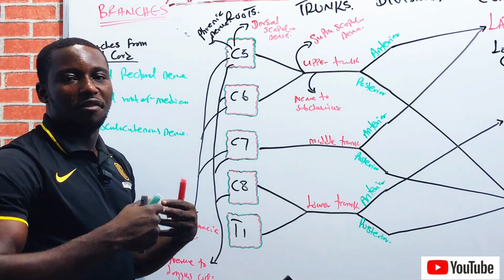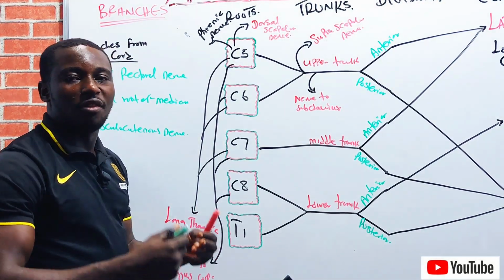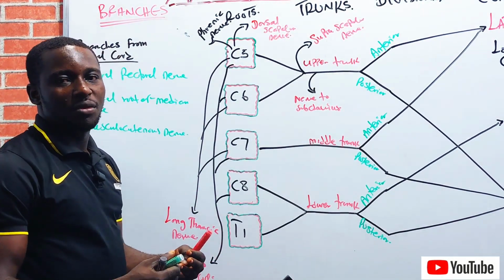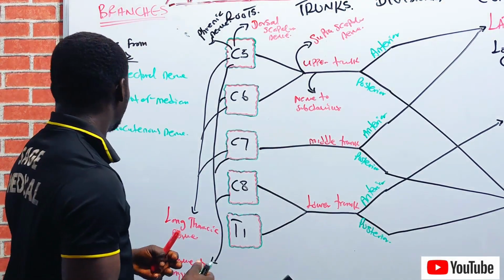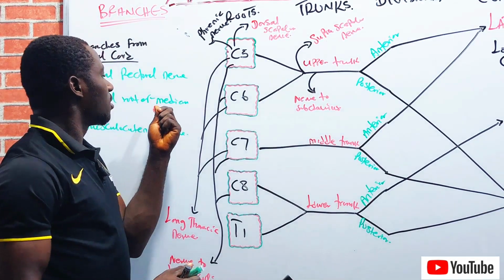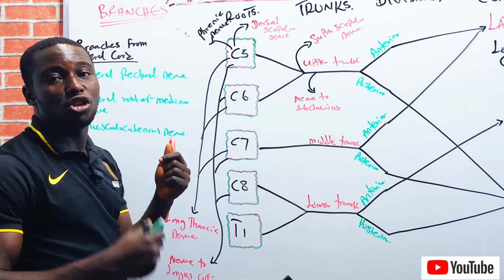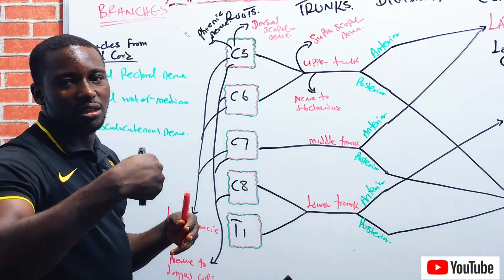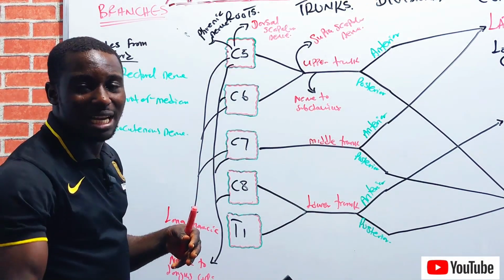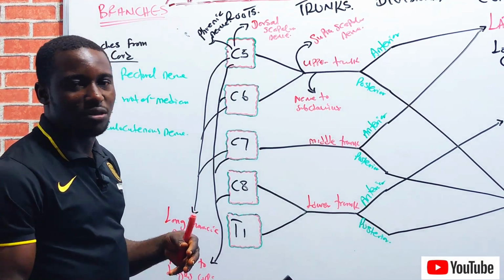That is the forearm flexors, except the flexor carpi ulnaris, which is innervated by the ulnar nerve. The median nerve also supplies muscles in the hand, such as the thenar eminence muscles.